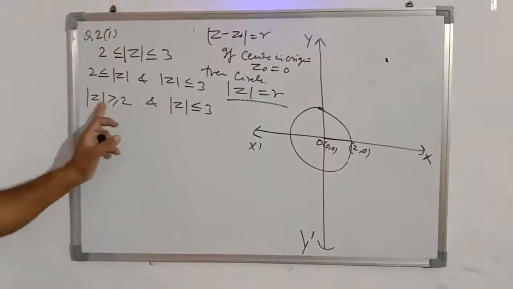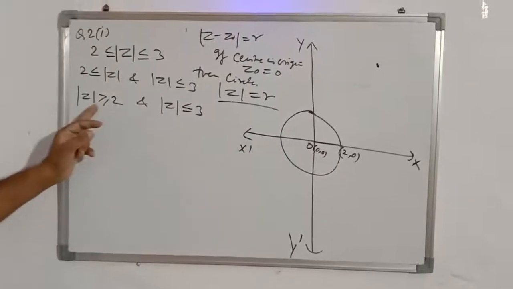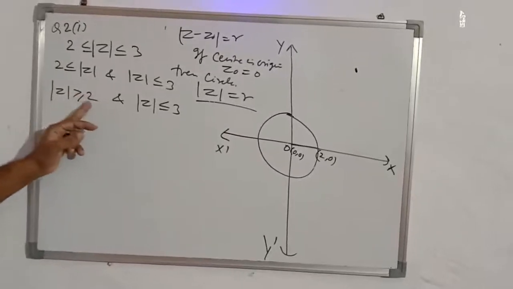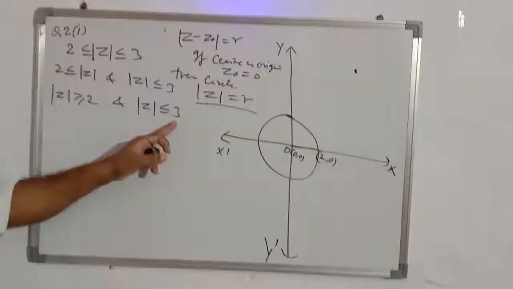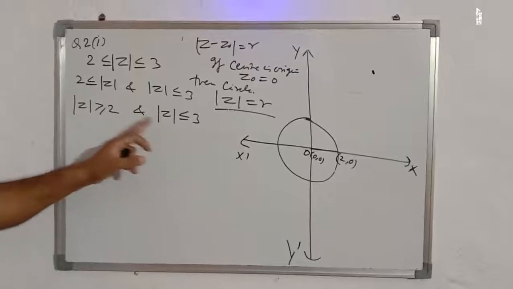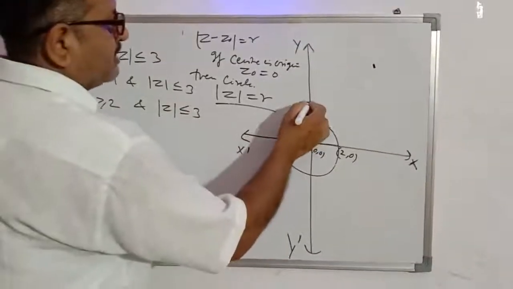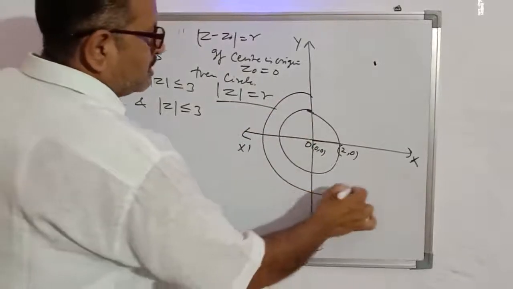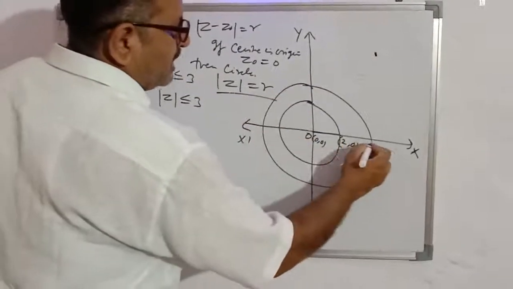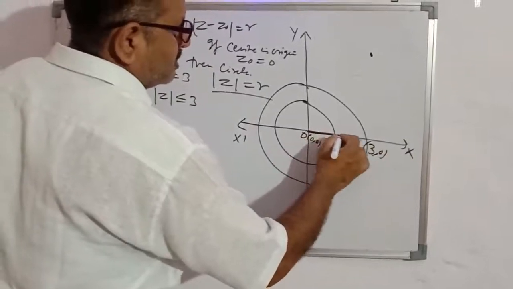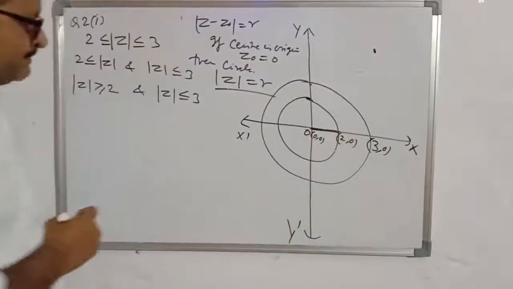Both have the same center, origin. It means we will get concentric circles. Radius of one circle is 2, radius of the other is 3, but the center is the same. So we have to take two concentric circles.